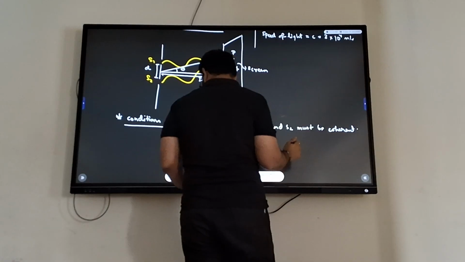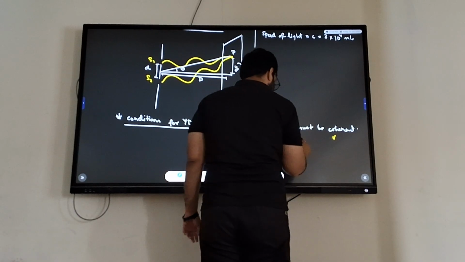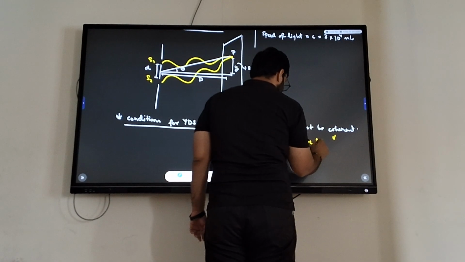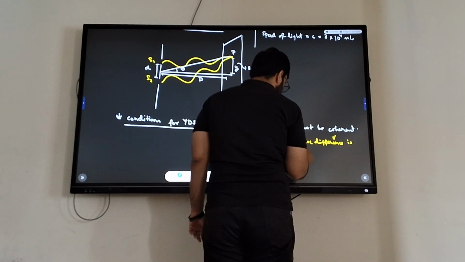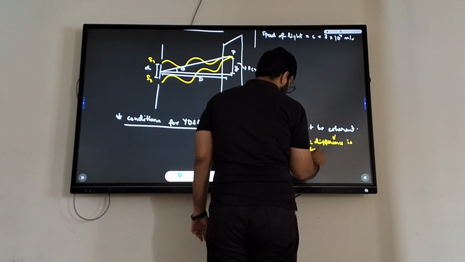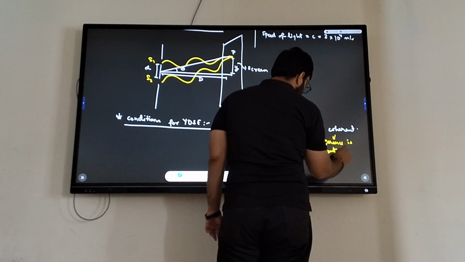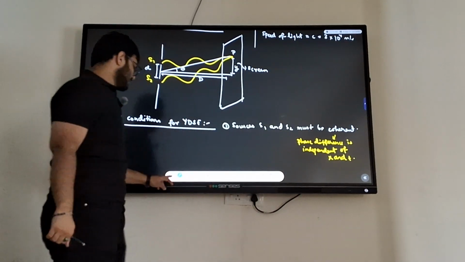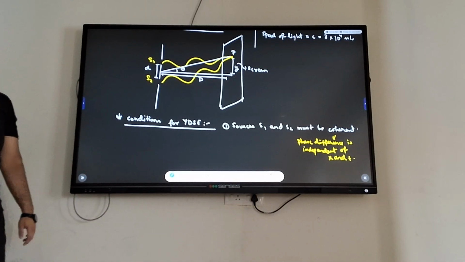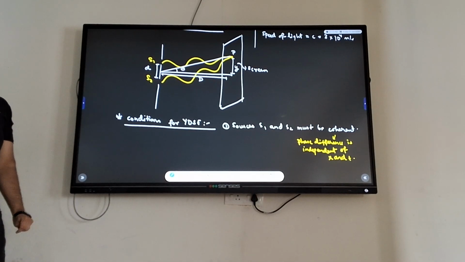What do you mean by coherent sources? Phase difference is independent of x and t.